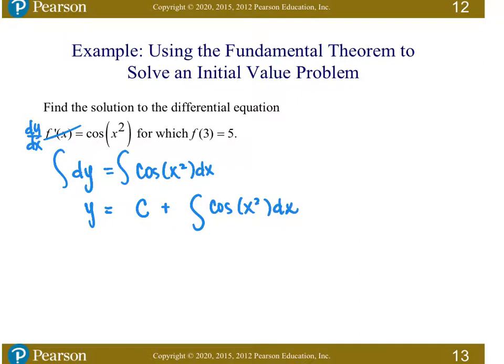Right, the initial condition tells us that the c value is 5 when the x value is 3. And so 5 would be our initial condition, where the area starts accumulating at 3 to an unknown x.